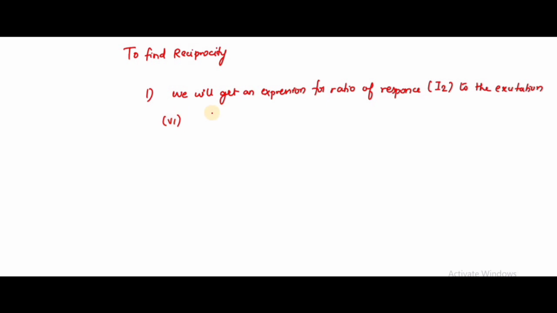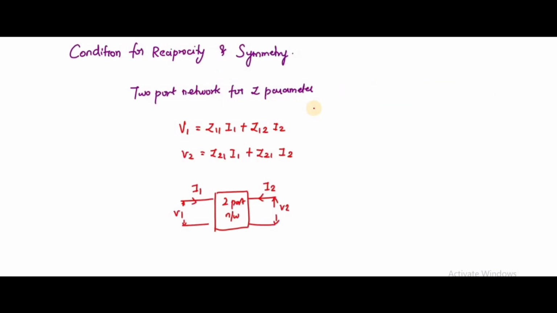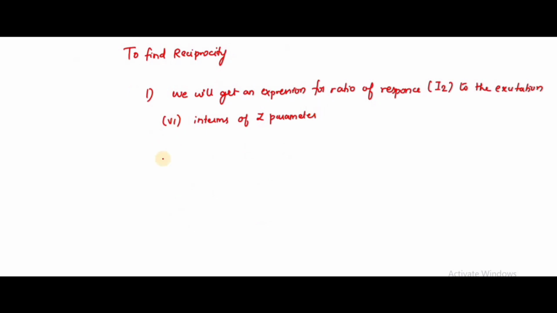In terms of Z parameters, first let us draw the circuit diagram. First I'm going to connect V1 to the two-port network.